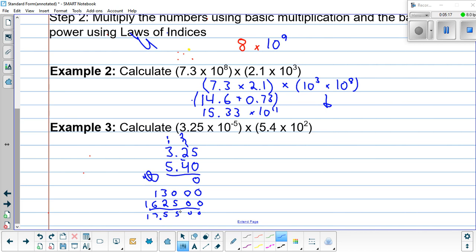You can always go back and check and see, hey, does this make sense? Well, let's drop all the decimals. We have 3 times by 5 as our kind of large whole numbers. 3 times 5 is 15, so we know it's going to be in and around our teens. So 17.55 makes sense. So therefore, we can write 17.55 times by 10. What's our indices? -5 and 2. -5 plus 2 is -3.